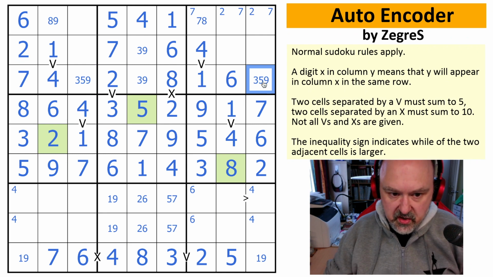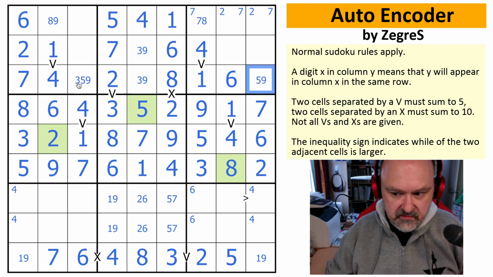If this is a 9, then what you're saying is that, no, wait. If this is a 3, what you're saying is that 9 is in the third column. So this would be a 3, 9 pair, but you've already got a 3-9 pair. So this cannot be a 3.